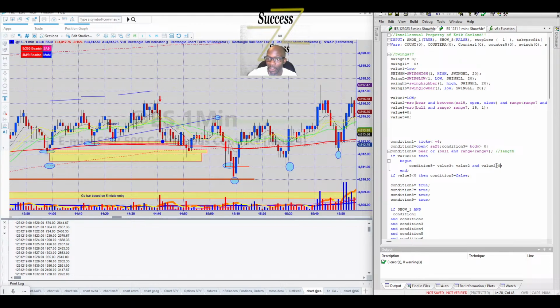We have to say that value 2 actually has to be greater than 0, which means it found a bullish bar. That bullish bar's value 3 happened more recently than the bearish bar.